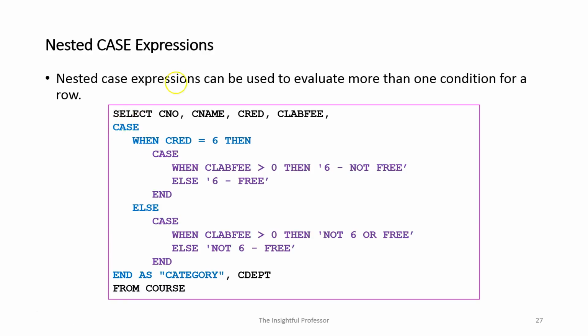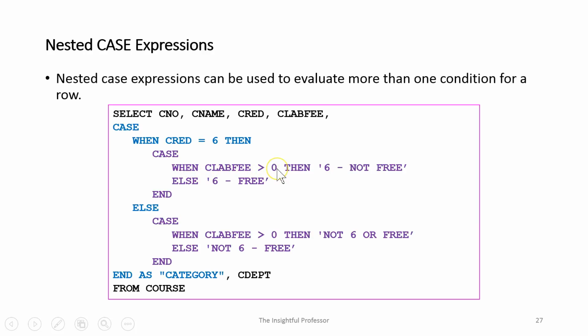We have a when clause that says when the credit is 6, then take some action, else do some other action. So when credit is 6, what does it do? It does a nested case, a second conditional check. So if credit is 6, I'm going to inspect the row a little further. I'm going to say, oh, the credit is 6. Well, what about the lab fee?